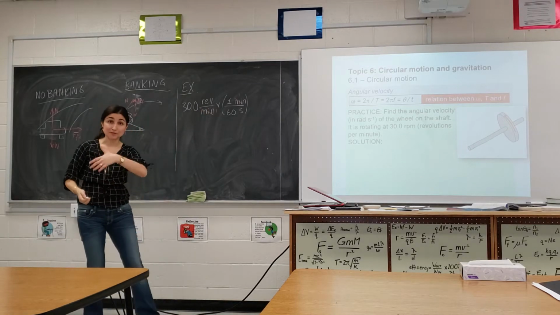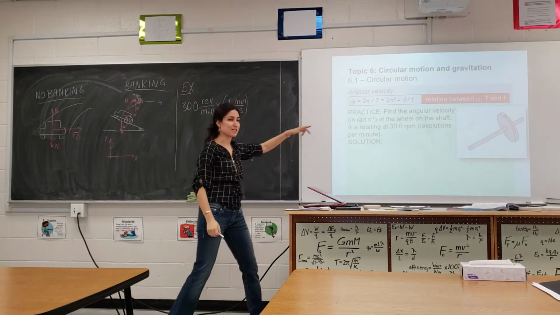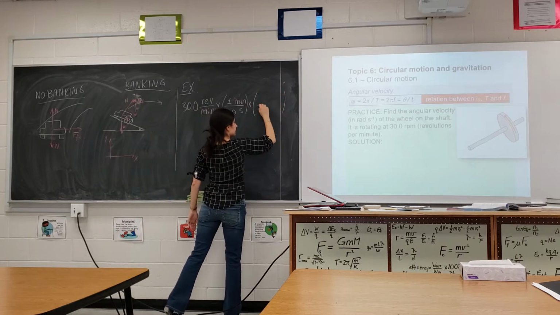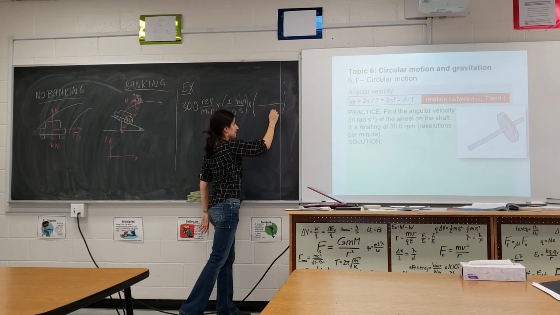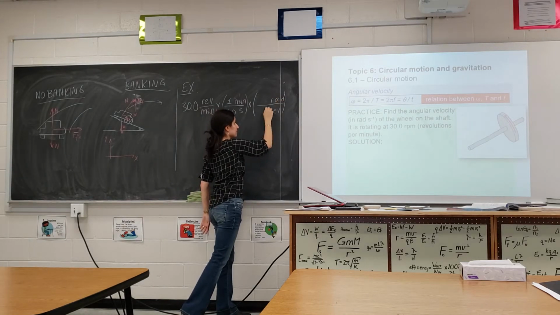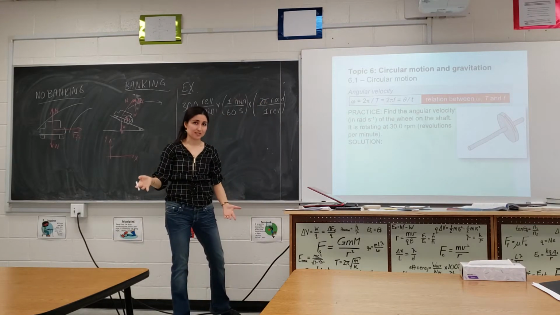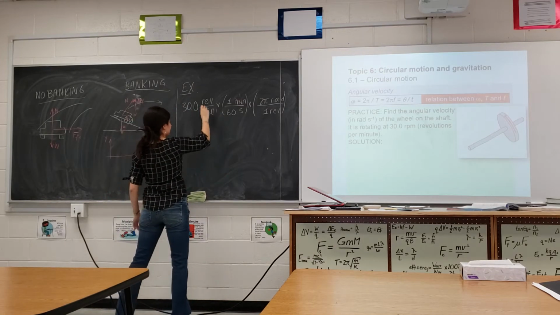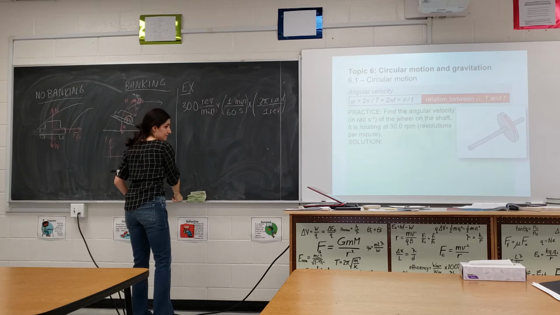Now I don't want revolutions per second, I want radians per second. So I need to change revolutions to radians. Multiply by 1 again. I'm getting rid of revolutions, it's going in the bottom. And I want radians, that's going on top. Well, 1 revolution is 2 pi, or 360 degrees. So we have another cancellation here. Revolution with revolution. So I'm left with radians per second.